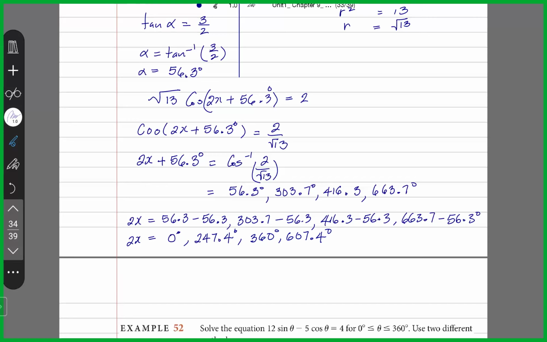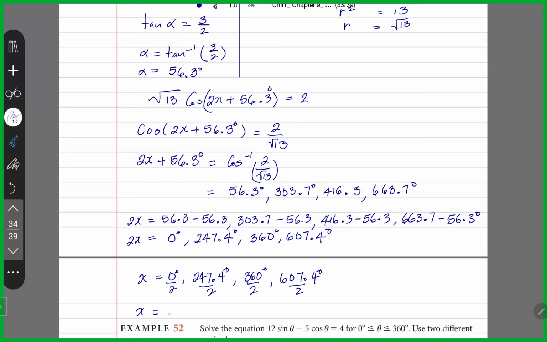The last thing I'm going to do is divide all my answers by 2 to find the value of x. So x would be 0 over 2, 247.4 degrees over 2, 360 degrees over 2, and 607.4 degrees over 2.